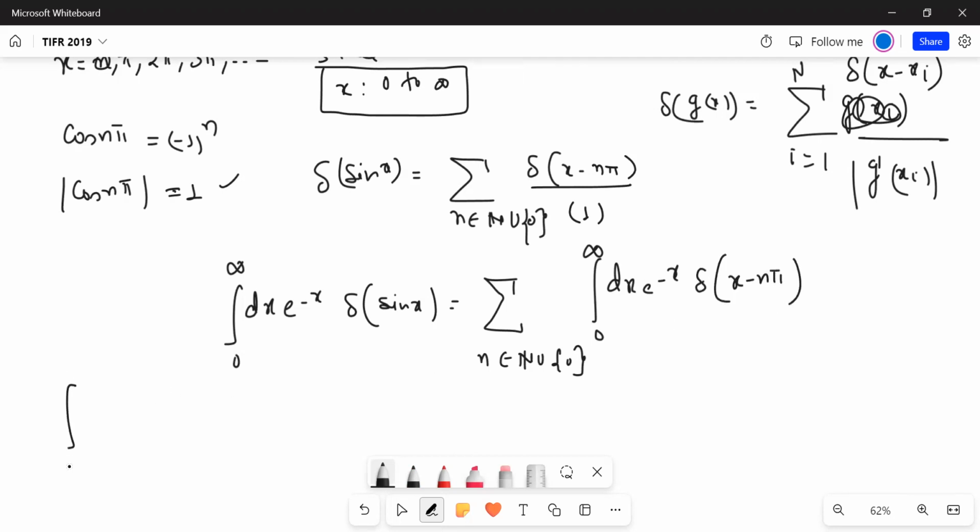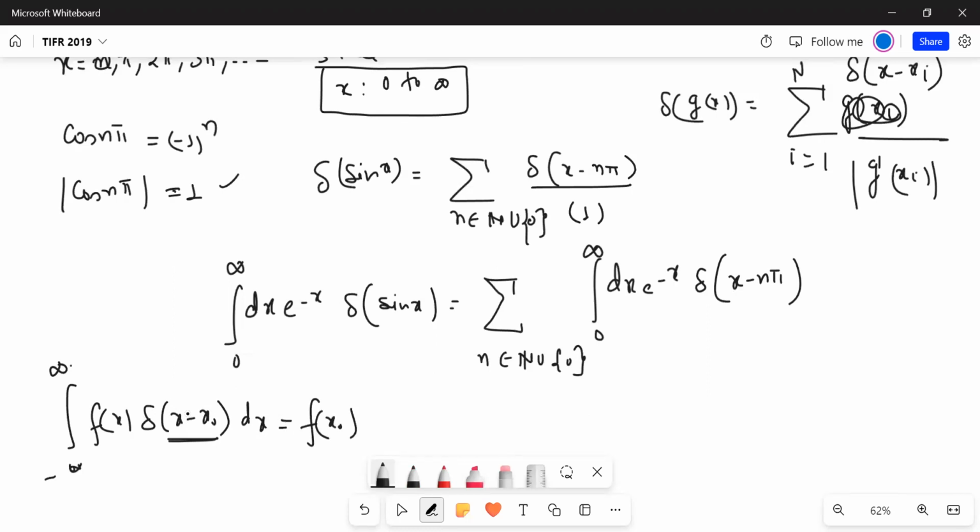Now remember, one of the properties is, if you have minus infinity to plus infinity, and I'm integrating f(x) along with Dirac of x minus x naught, then the argument becomes 0 at x equal to x naught, and the integration of this particular thing is given by f of x naught.